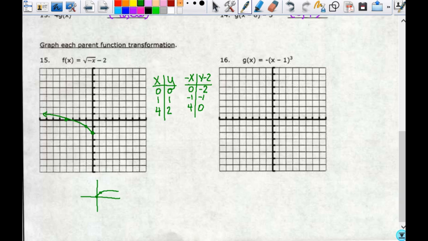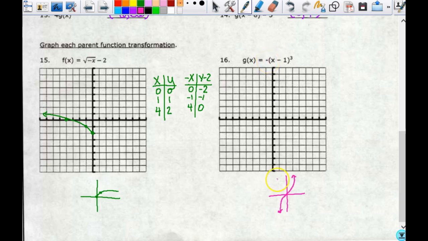Okay? All right, so this next one is a cubic. The parent function for my cubic looks something like that. What's happening here is a reflection, and that would be changing the sign on y, which means it's a reflection in the x-axis.